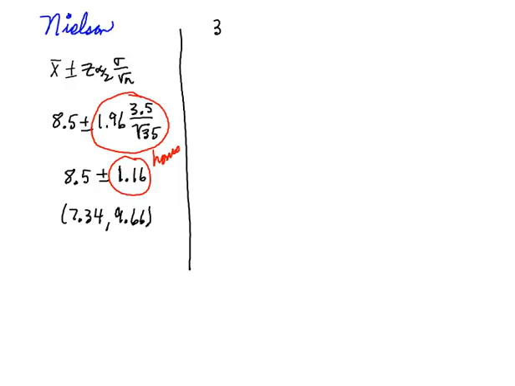So I want to have a 30-minute margin of error, which is equivalent to 0.5 hours. So I want my margin of error to be 0.5 hours. So what sample size will do that?